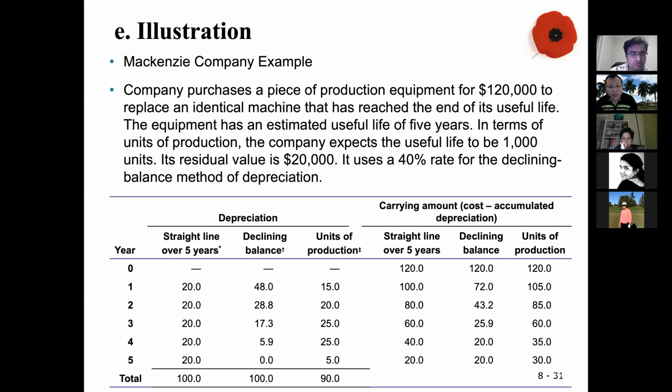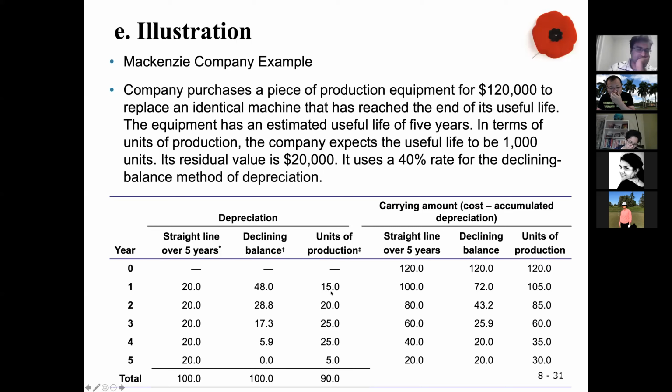The company expected useful life to be 1,000 units. I think there is more information that was not on this table. They have to tell us the number of units. Is that the actual units? I thought this was the amortization.